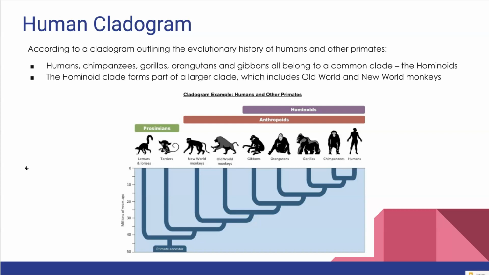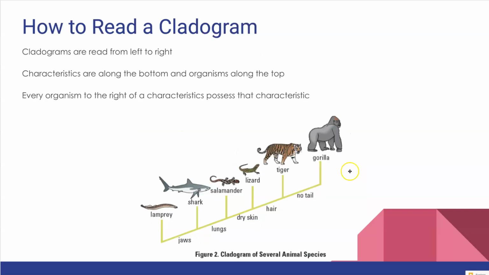Hominoids is part of our classification. So if you look, here we are, humans. We are more closely related to the chimpanzee than we are to gibbons because we have fewer nodes that separate us. Kind of almost like a timeline.